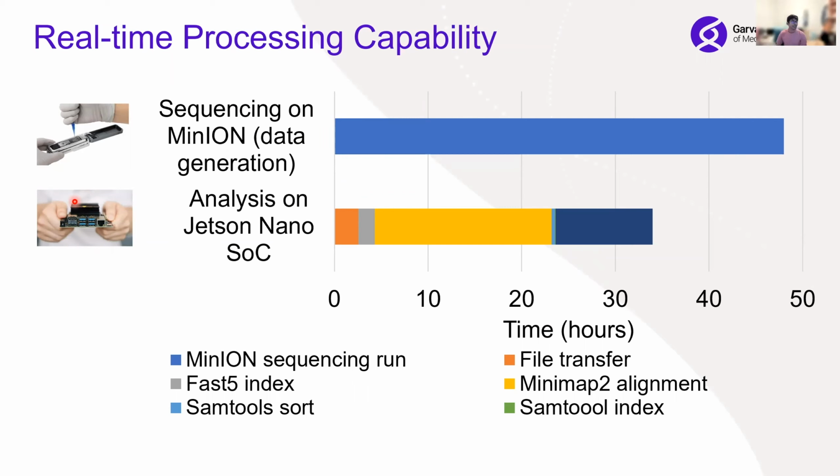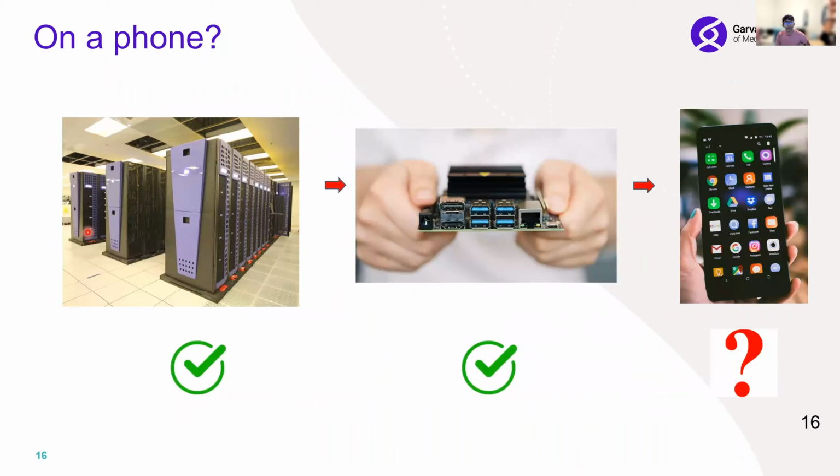So in theory, if you show that something works on a system like this, it can happen on a smartphone. But from the scientist's perspective, they don't really see the difference. So we wanted to implement an app to show that you can do this kind of analysis, not just on a little device like this, but also on a smartphone.